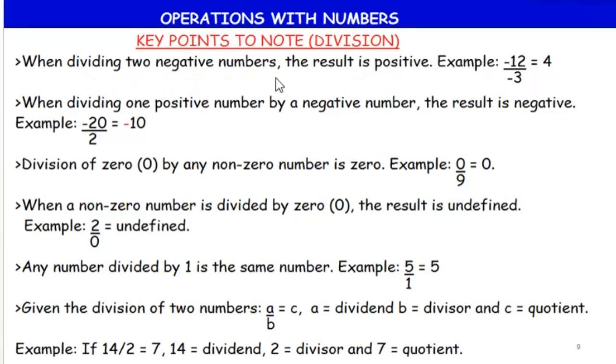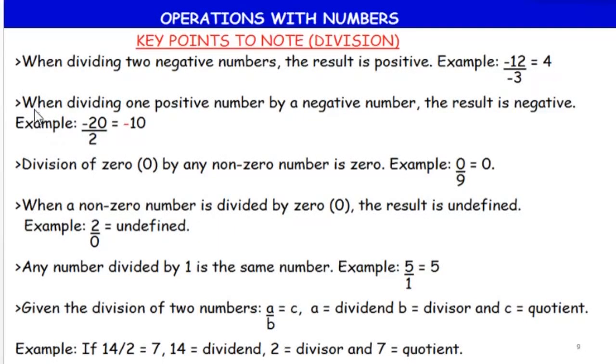For example, negative 12 divided by negative 3 is equal to positive 4. The reason is that the negative up here will cancel out the negative down here, so you will be left with positive 12 divided by positive 3, and the result is going to give us a positive 4.